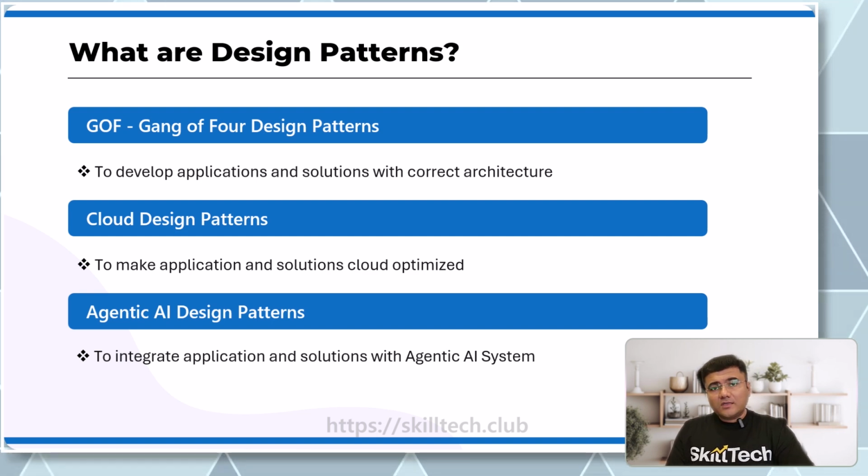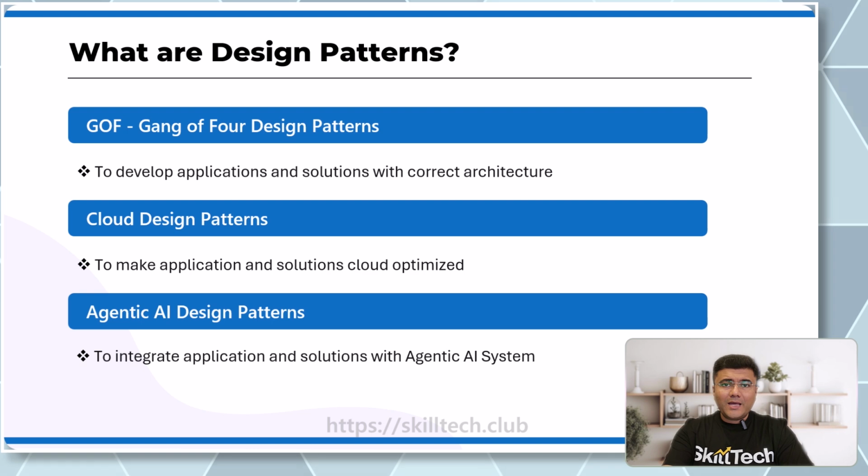Now you got a requirement that you have to make this application AI enabled. And if you want to do that, you have to follow certain guidelines. You have to make sure that whatever you're going to do, you do it in the right manner.